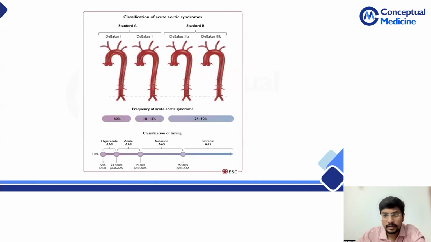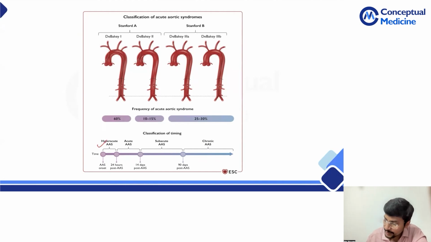So then, based on the duration, they are also classified as hyperacute, acute, subacute and chronic.